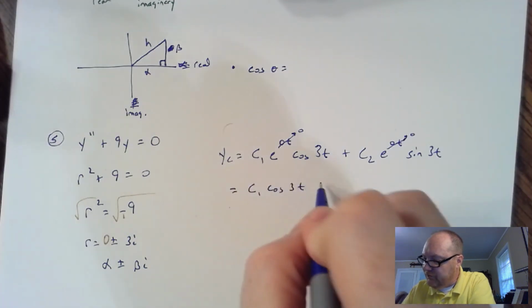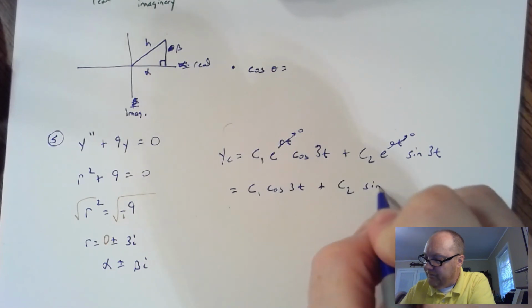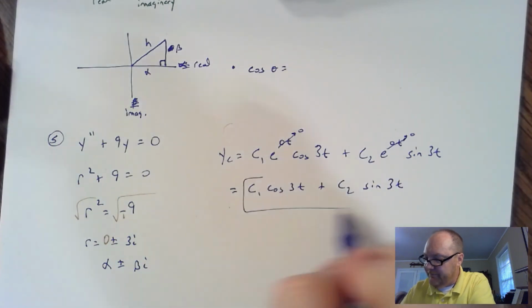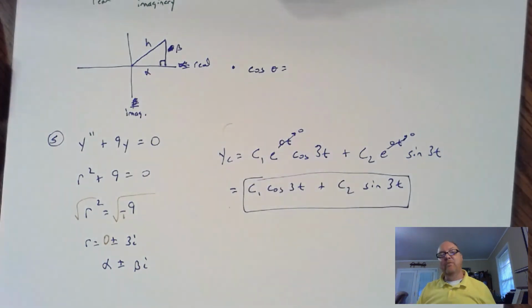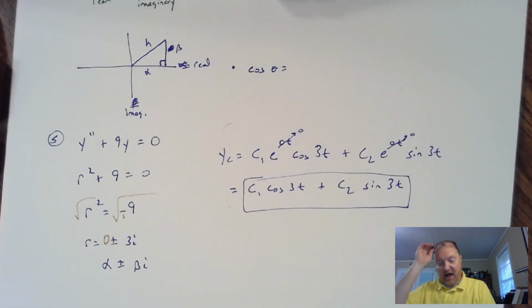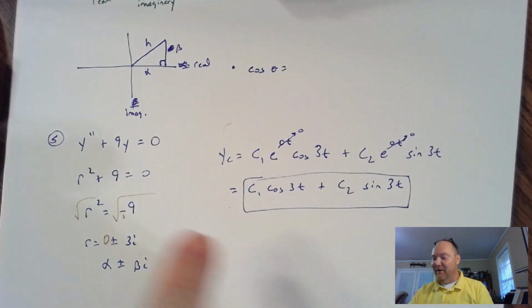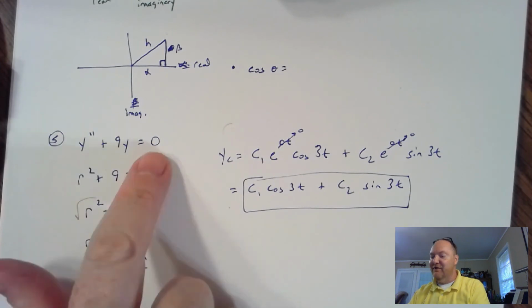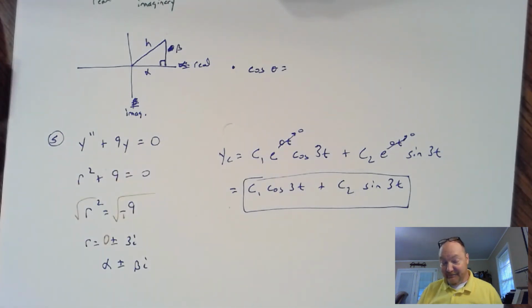So my solution to this particular problem looks like this. And that wouldn't be a bad one for us to take the derivatives of and substitute back into the equation. As I differentiate sine and cosine, I get positives and negatives, so when I plug them into this equation, they'll end up canceling themselves out. I'll leave that for you to play around with.